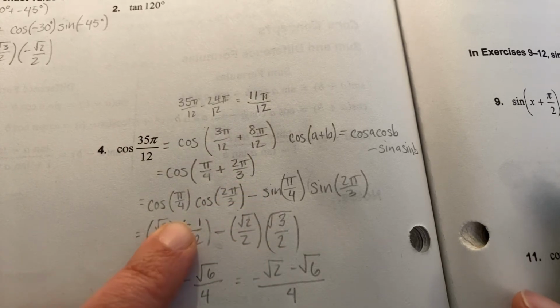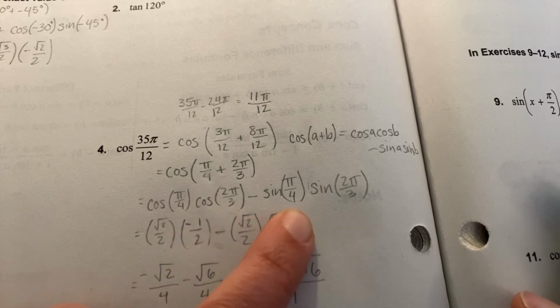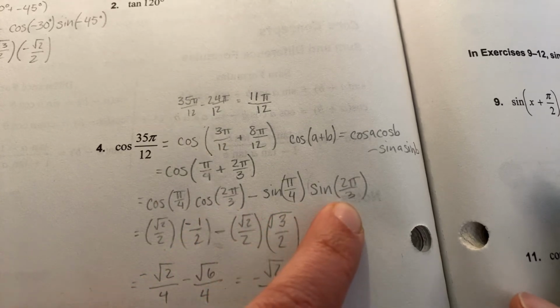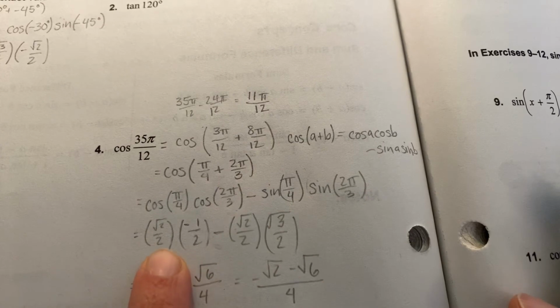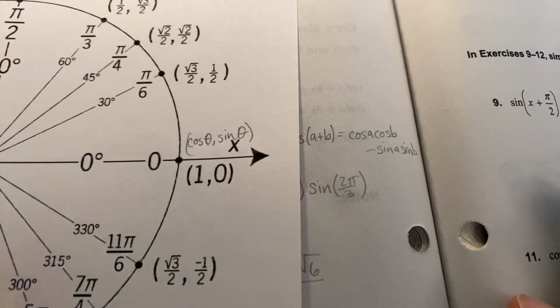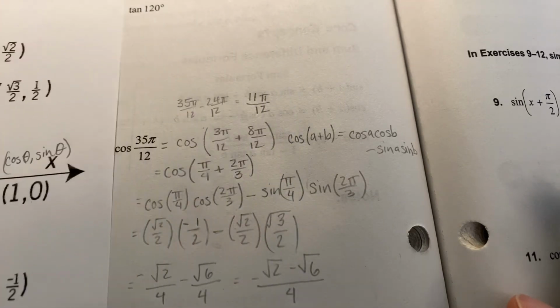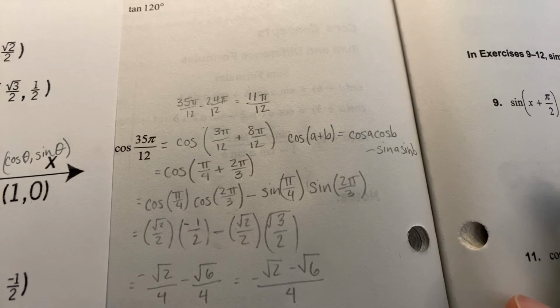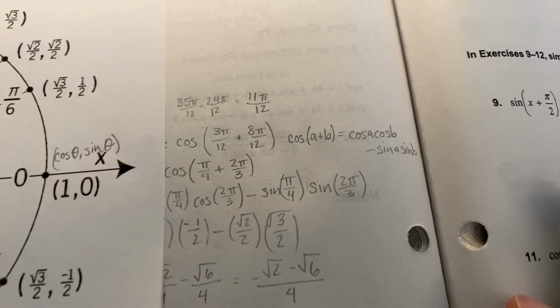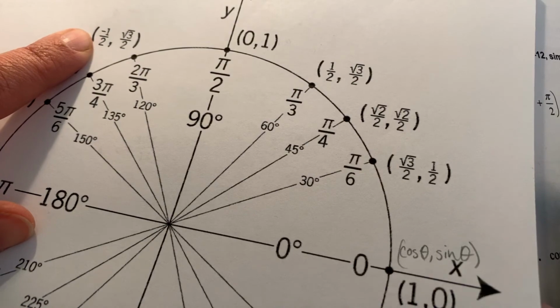And then we start plugging them in, right? Cosine of pi over 4 times cosine of 2 pi over 3 minus sine of pi over 4 times the sine of 2 pi over 3. And the cosine of pi over 4, if I forgot, I can look on my unit circle. It's the square root of 2 over 2. And the cosine of 2 pi over 3 is up here, negative 1/2.